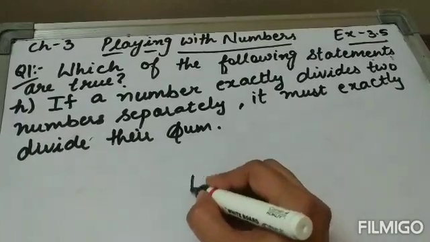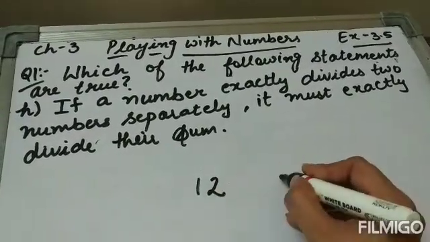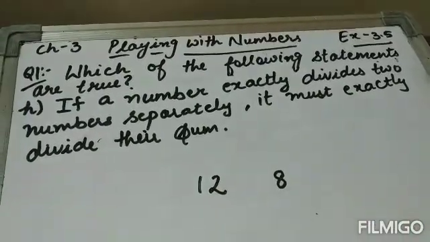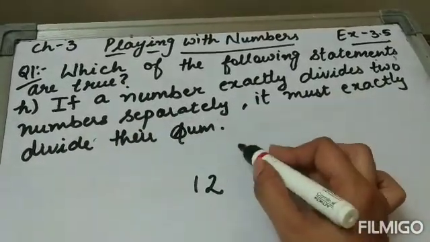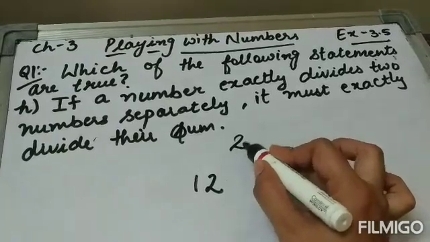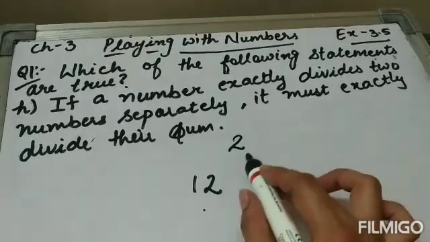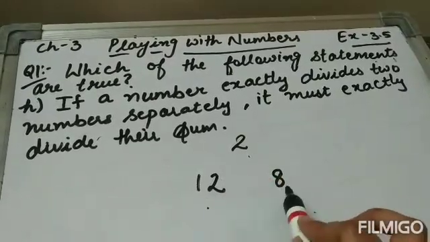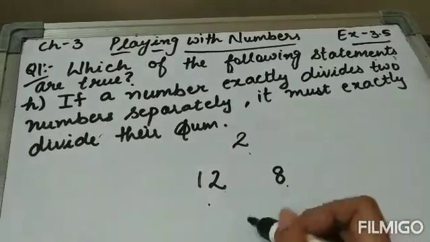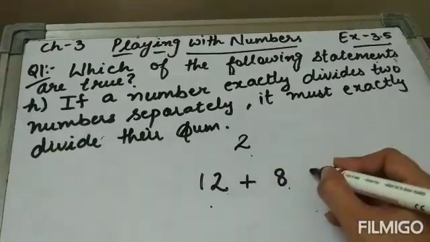Suppose I am having two numbers 12 and 8. Okay, and a number exactly divides two numbers, and this number I am having is 2. See, 2 divides 12 also, and 2 divides 8 also. 2 exactly divides 12 and 8, and if I add 12 and 8, I will get 20.